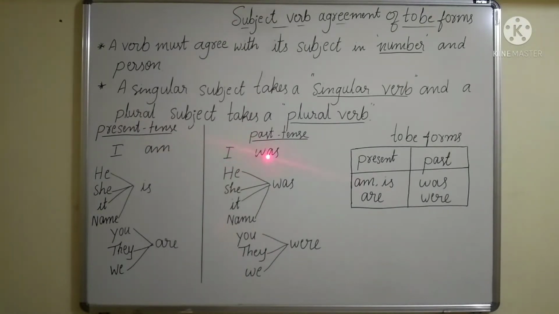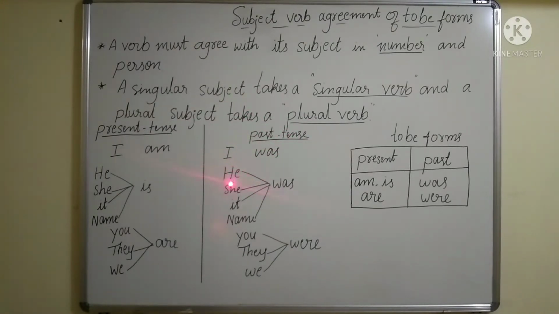I was a teacher. I was a child. So let us discuss examples later. Now, I was. See here, I am. I used I am, isn't it? So this is about present tense. Here, I was. This is the first person in past tense.